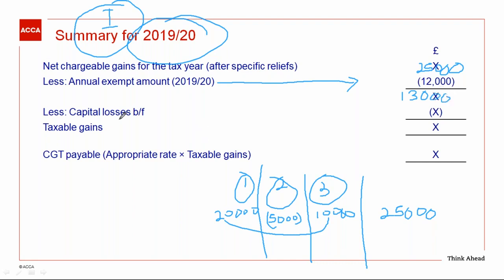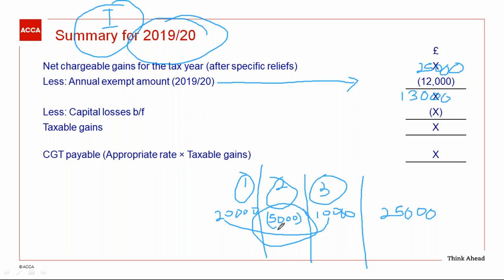If you have brought forward any capital loss, after deducting the annual exempt amount, if there's any remainder, from that you can deduct any capital losses brought forward. But remember, when you're deducting capital losses brought forward, unlike current year capital losses, you do not have to set off the maximum possible amount. So try to understand that distinction as well.